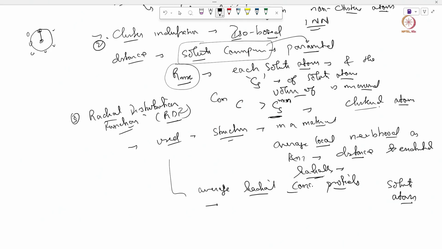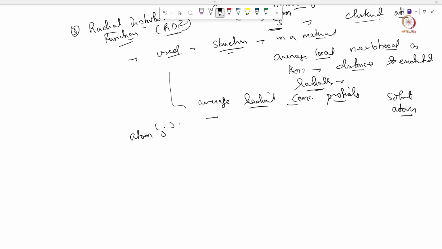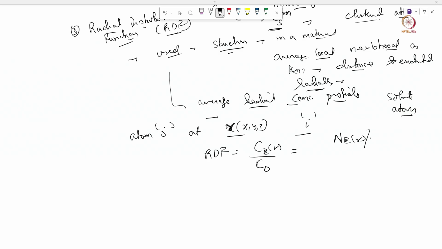For example, consider the probability density of finding an atom J at a radius of x, y and z coordinate, when an atom I is at the origin. Then the RDF is calculated as CE(r) divided by C0, which equals NE(r) divided by N(r) divided by C0.